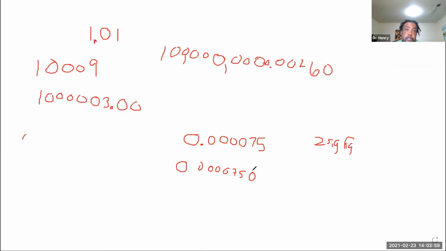Otherwise, we wouldn't put it there, right? Would you put anything extra if you don't have to? No. That's the way you kind of have to think about it. You're not going to put that lagging zero unless you're sure about it. So you want to take that into consideration. So how many significant figures would this be? 3. It would be 3.